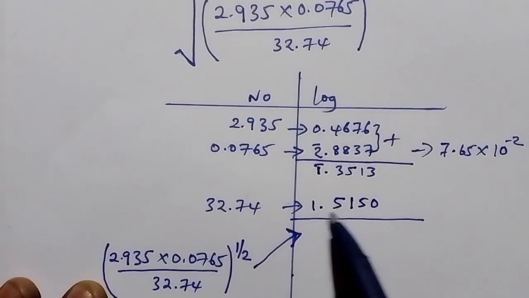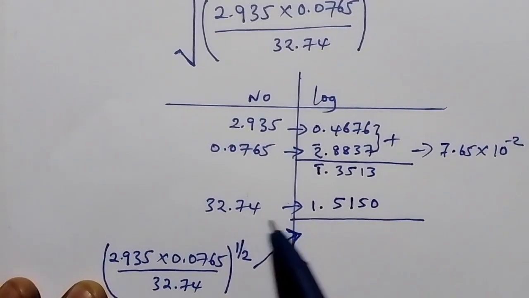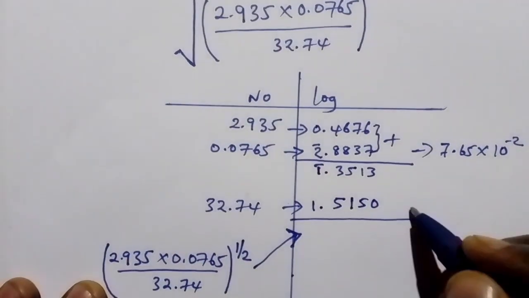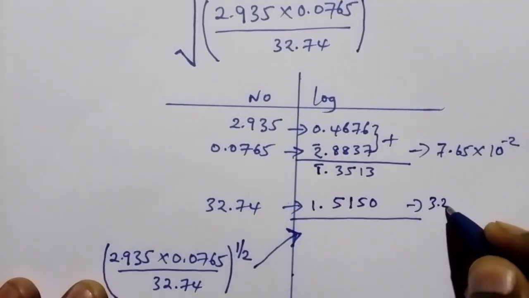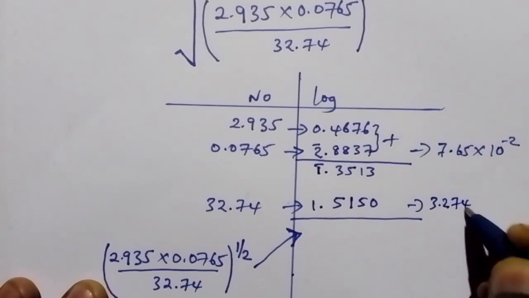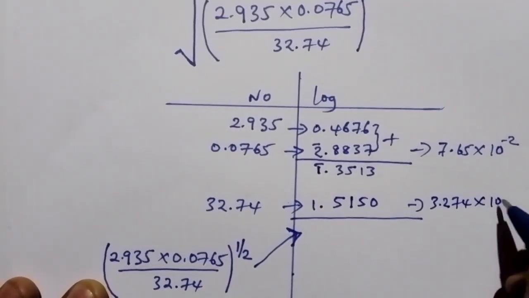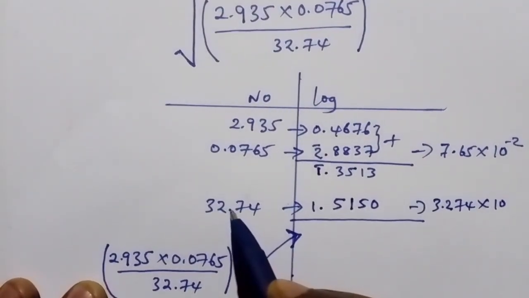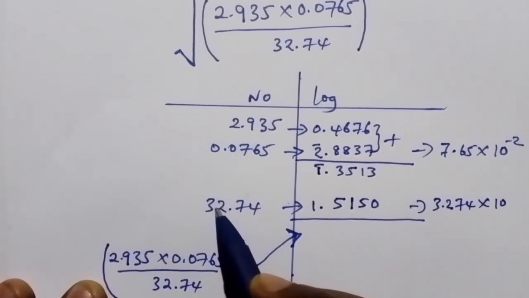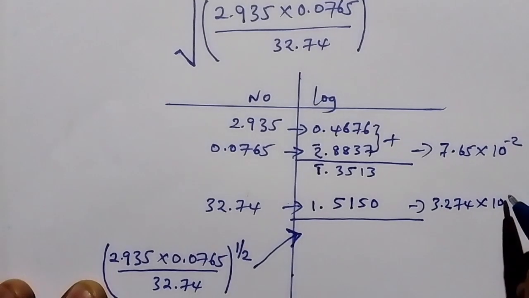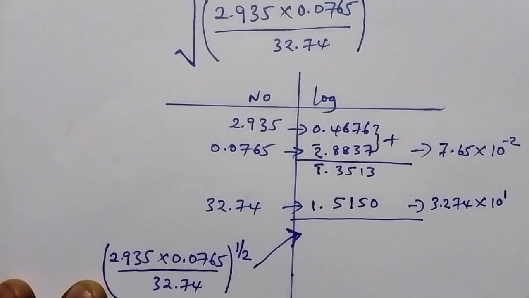How do we get this log here? This 32.74 we write as 3.274 times 10. We move the decimal place from here to here, so it is times 10 power 1.